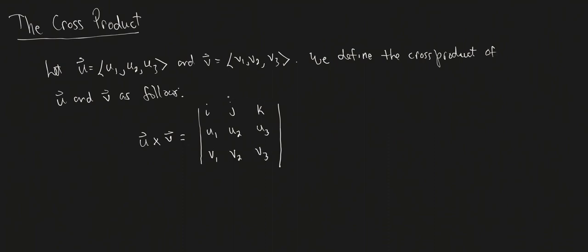And when we evaluate this 3x3 determinant using our expansion procedure, the result will be the cross product. Now notice, since our answer will have I, J, and K in it, it turns out when we compute the cross product of two vectors, we get a third vector, right?